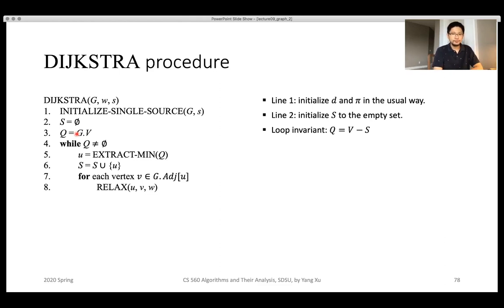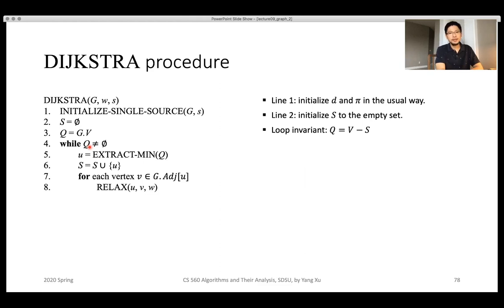The loop invariant is that Q is always the difference between V and S. And then we enter a while loop, which will not terminate unless the minimum priority queue is empty.